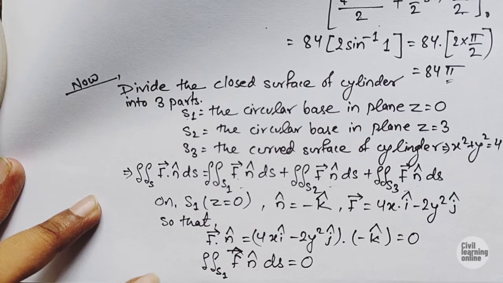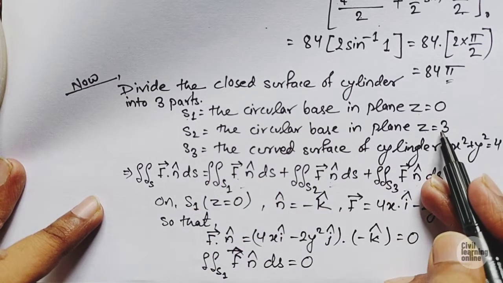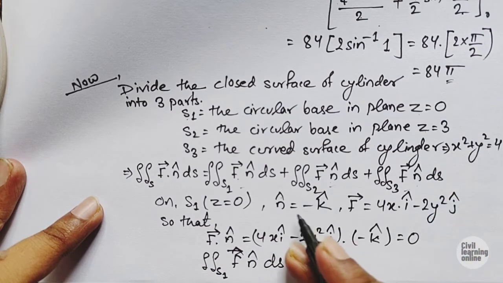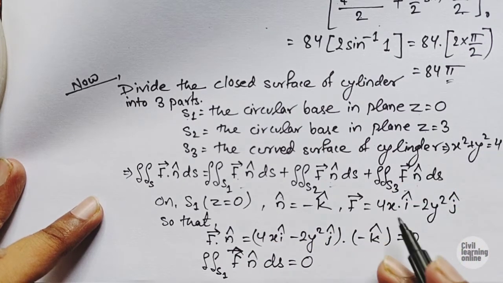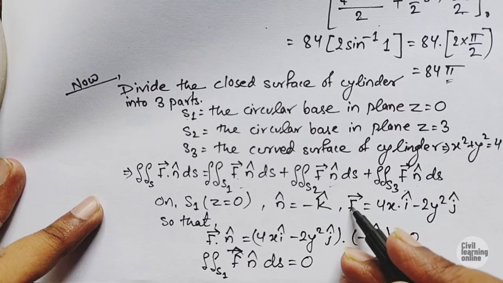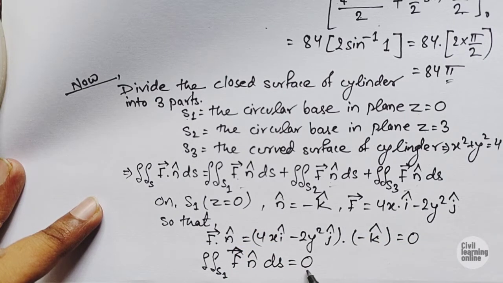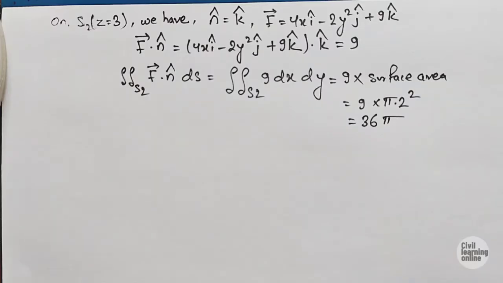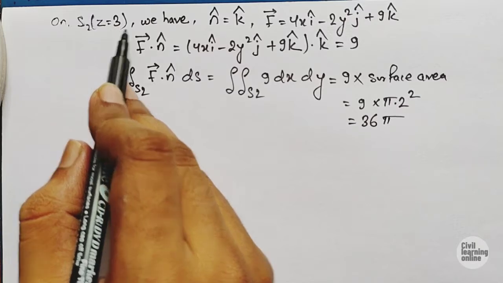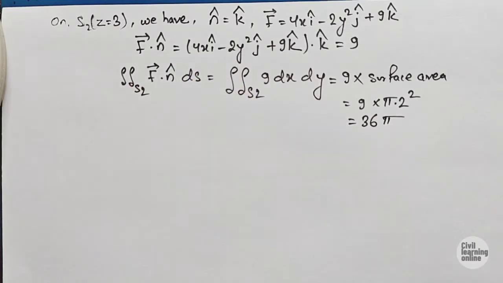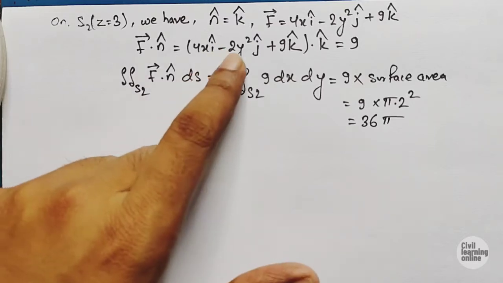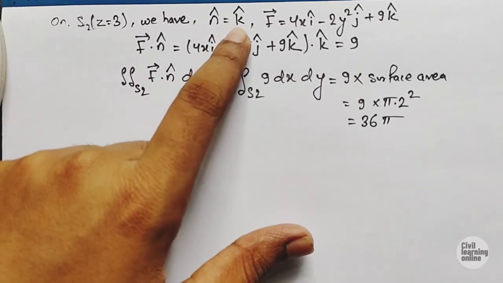Now we proceed to the second surface, that is z equals 3. The process is the same, only the value of n cap varies, and the vector f is the same. At z equals 3, n cap will be positive k cap, because as we move up the value of k is positive.